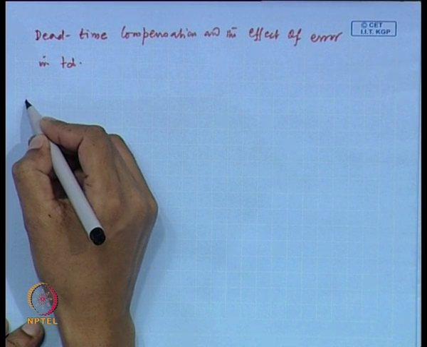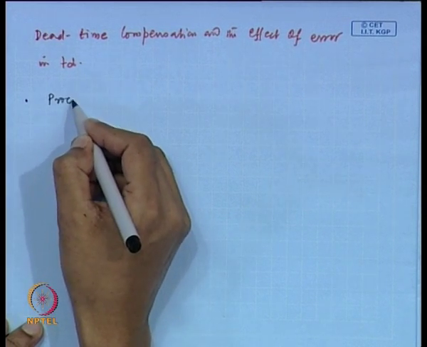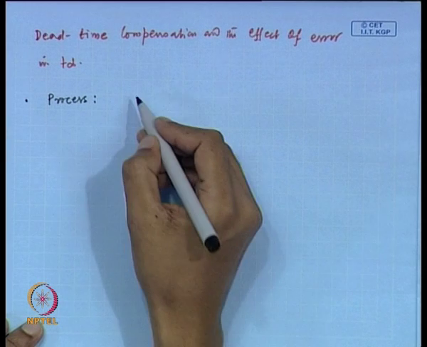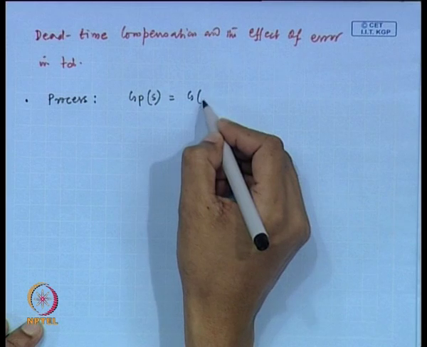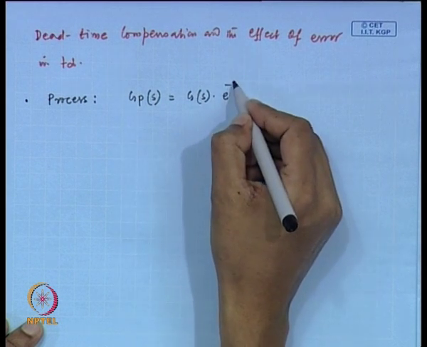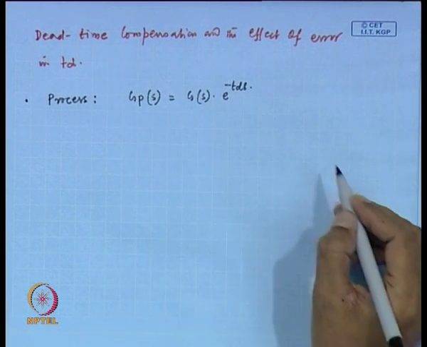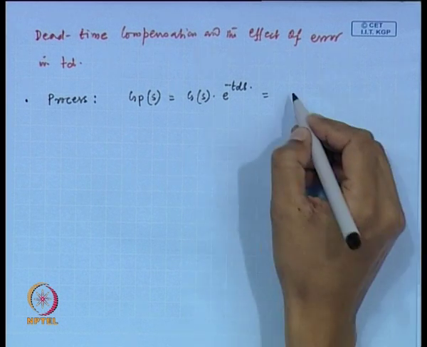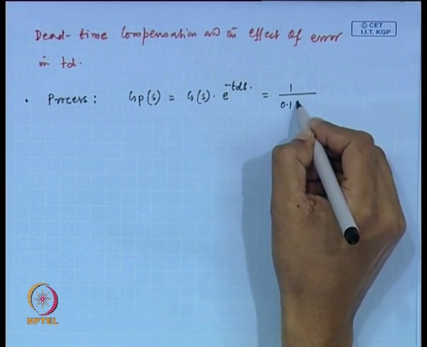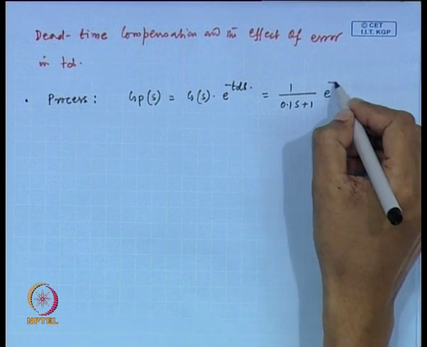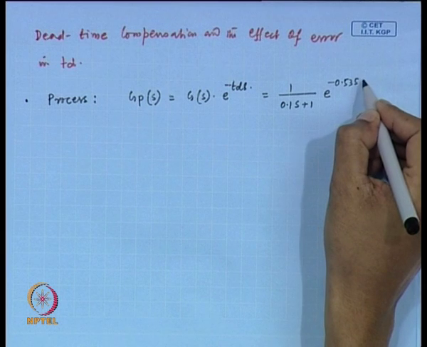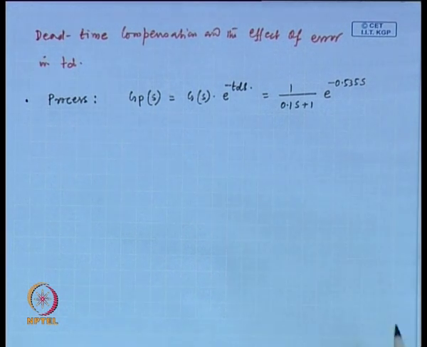So, for this purpose we will consider the process represented by Gs exponential of minus TDS, which is 1 divided by 0.1 s plus 1, exponential minus 0.535 s.